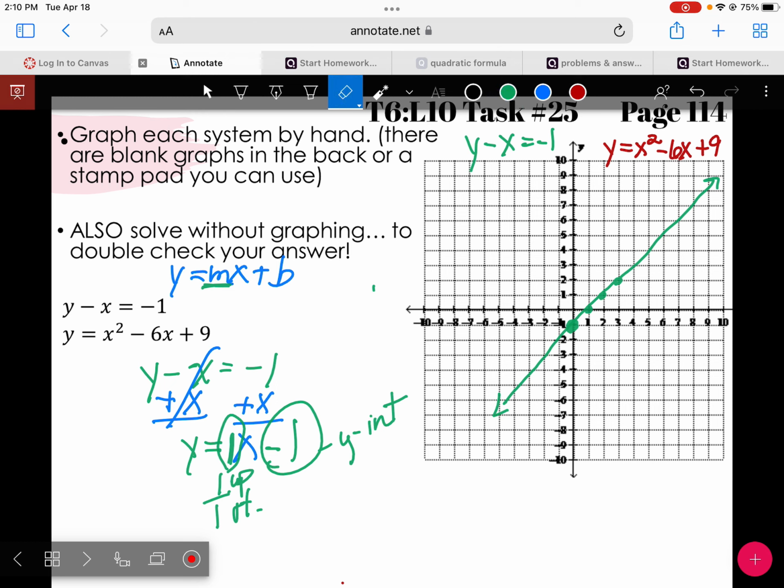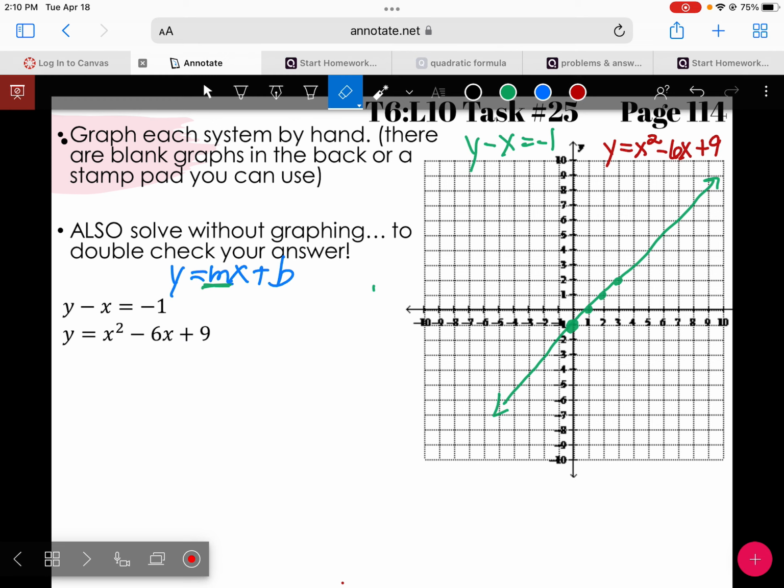I'm going to erase this to help us get prepared for the next one, which is a quadratic. What form is that in right there? Standard form, yes. This is a quadratic equation in standard form.